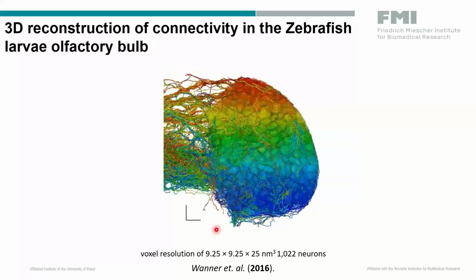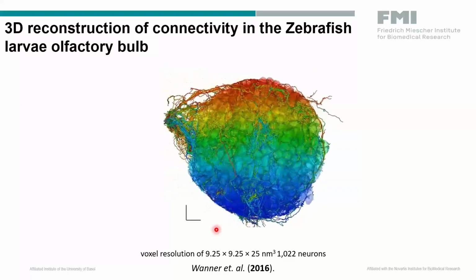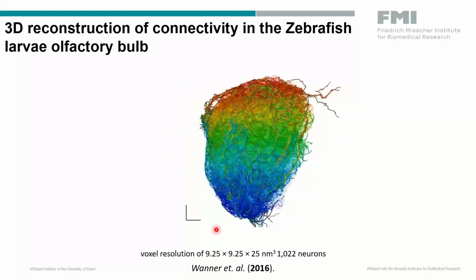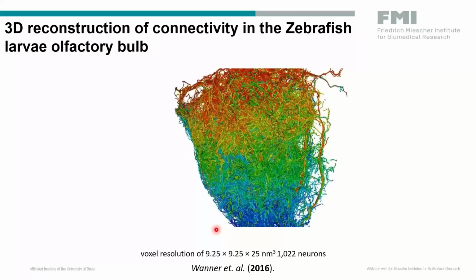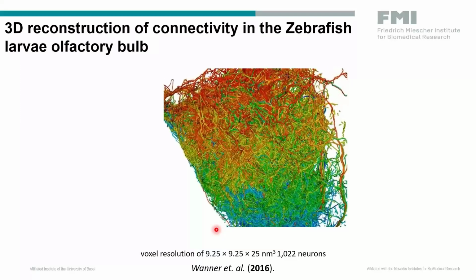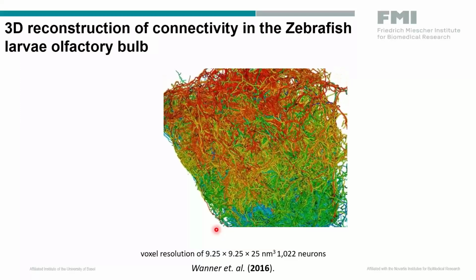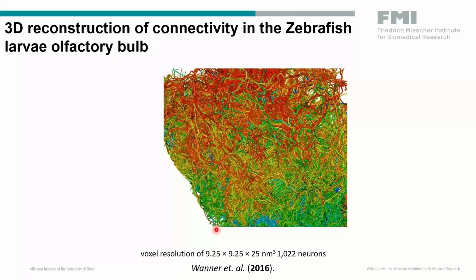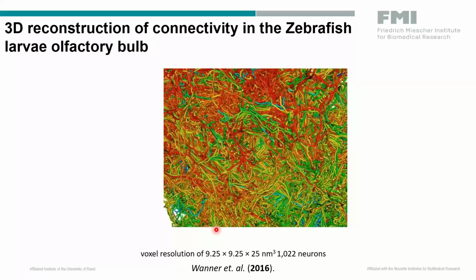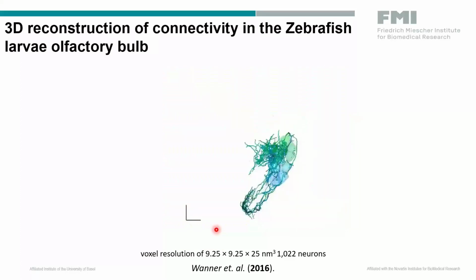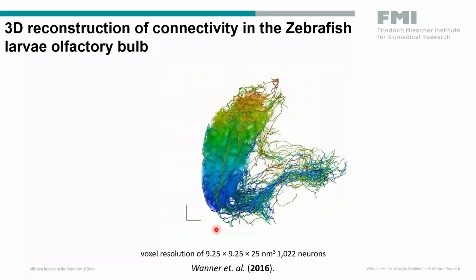And I hope you appreciate this crazy work of reconstruction. By zooming in, you see all the details from the reconstruction and the wiring, and the colors. The color code is for the different types of neurons.